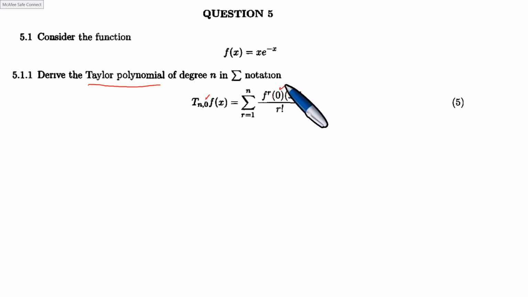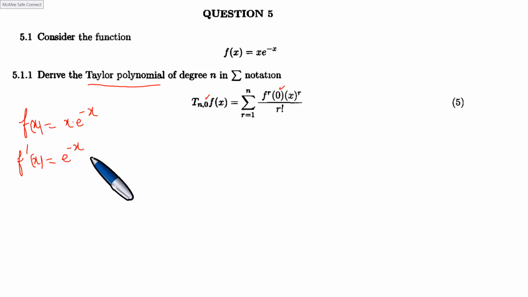It's about 0. So we find the derivatives. So first we write f(x) is x e to the minus x. Next, we find f prime. Right, the derivative of the x is 1, leaving only e to the minus x.